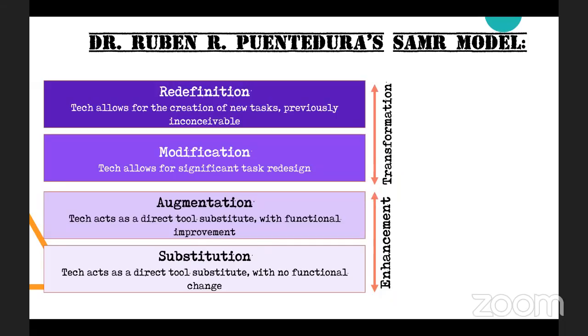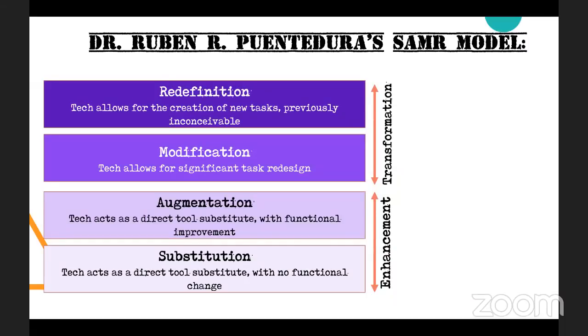So augmentation is that level wherein I for one will not check anymore. It had functional improvement because in substitution I still have to check one by one, but in augmentation, because there's a form that's already made available, I don't need to check individual quizzes every time I give them quizzes. The form will do it for me.